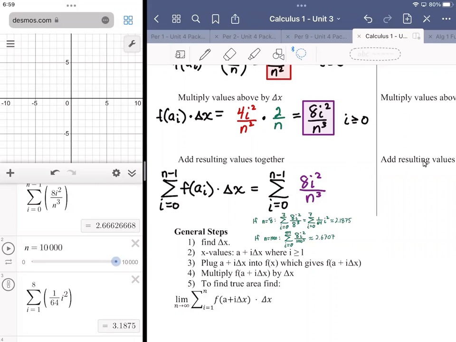So the upper bound would be 999, but the n value itself that we would put in would have to be 1,000 because I have the n-1 built into the function itself. All right, so that's the rationale there.